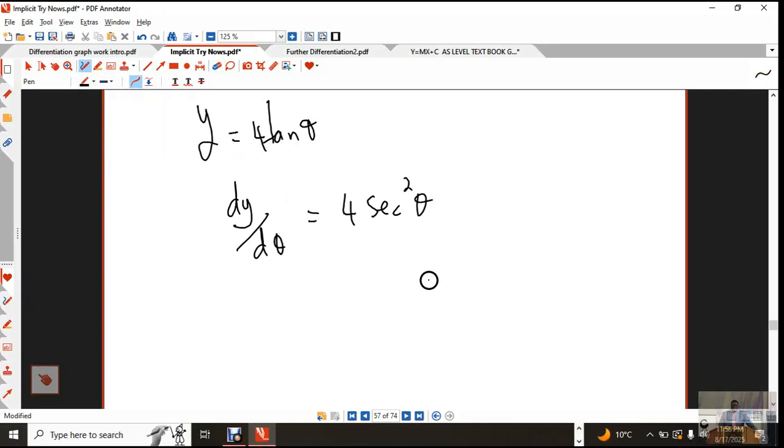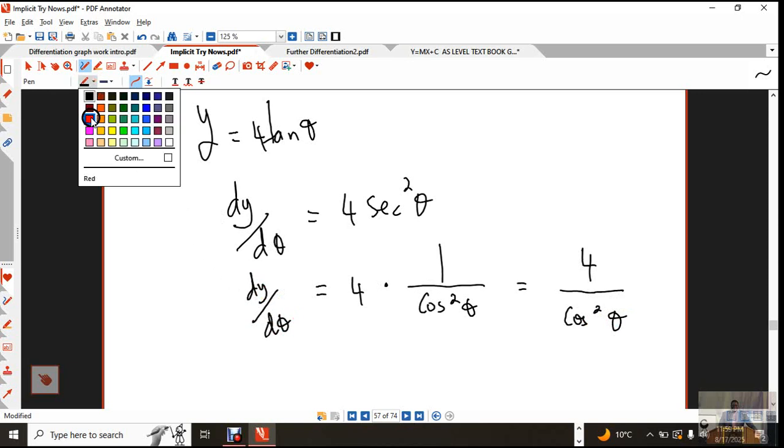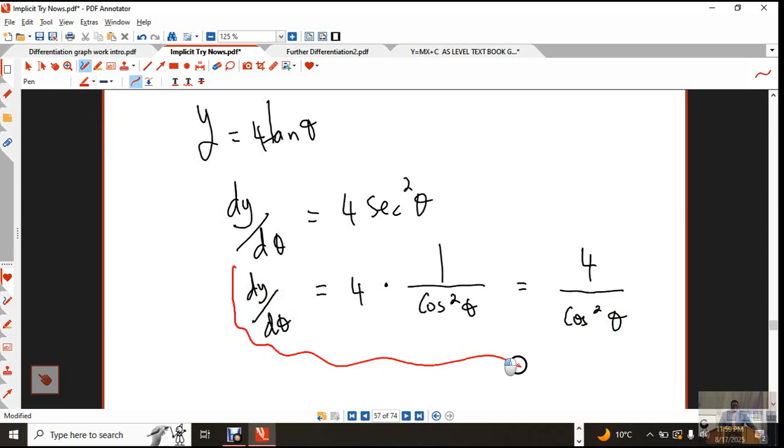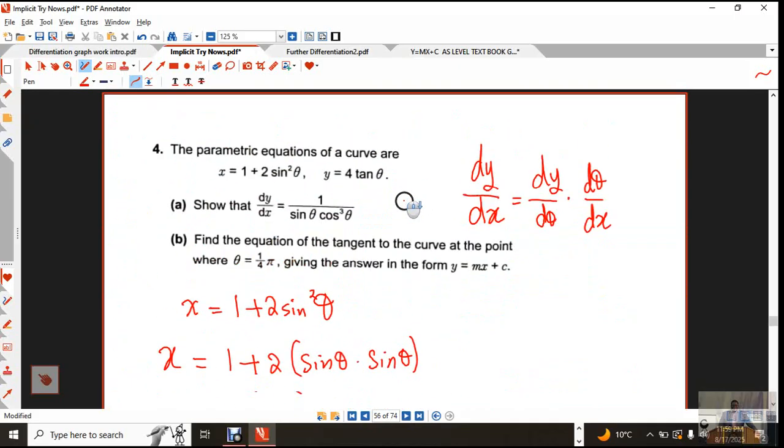I know that this is the same as 4 multiplied by 1 over cos squared theta. It's always important that you have a look at what you're supposed to get whenever you have such questions. So this is dy/d theta. And the reason I went further is because I could see what this is supposed to give me. It's supposed to give me something with a cube, you can check it out.